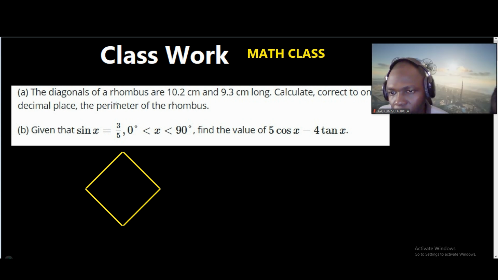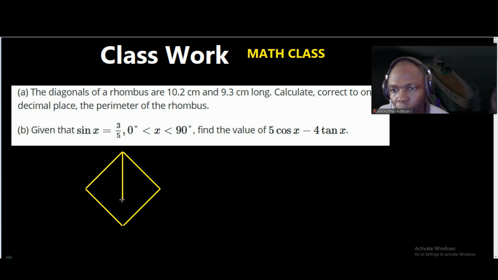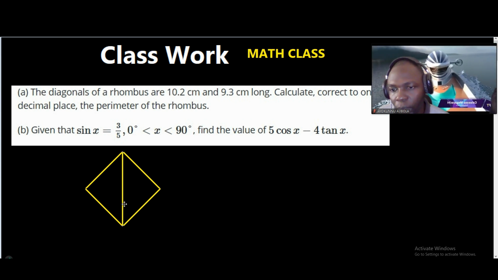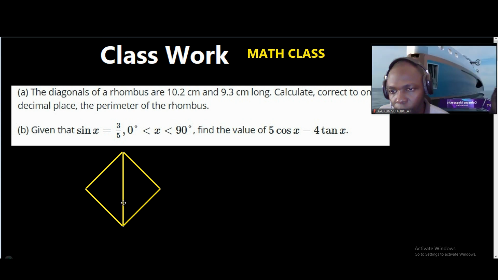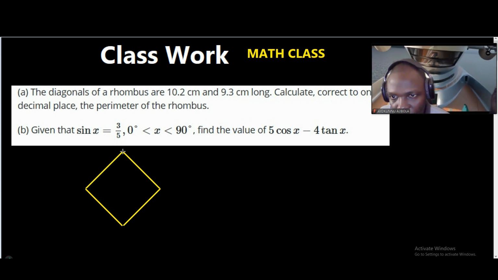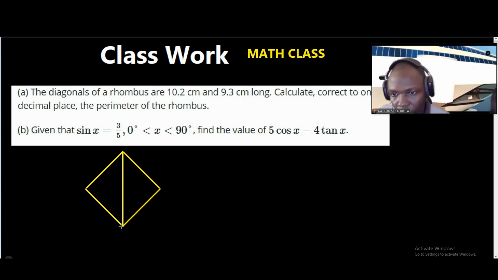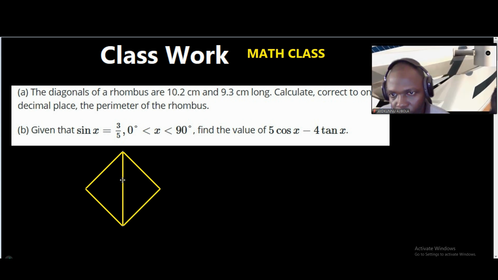Now, one of the properties of a rhombus is that it has diagonals. The diagonals of the rhombus have to meet at right angles. They have to form right angles. So let's say this is the first diagonal.